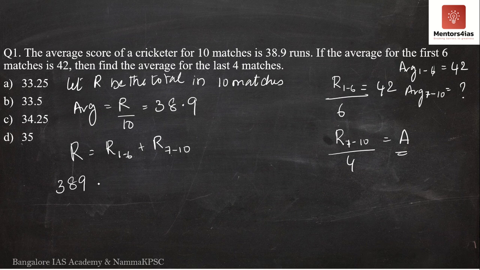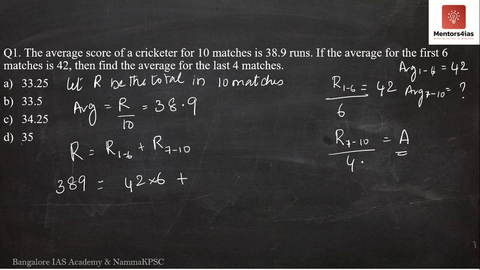389 is equal to the runs scored in the first 6 matches. What is the run scored in the first 6 matches? From this relation over here, that is nothing but 42 into 6, plus the runs scored in the last 4 matches, that is match 7 to match 10.